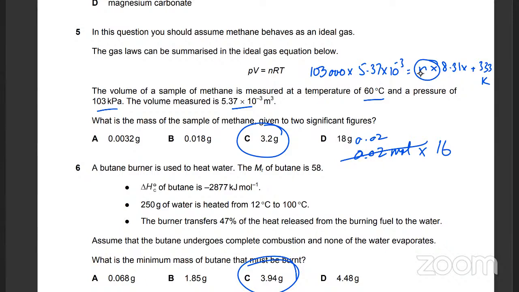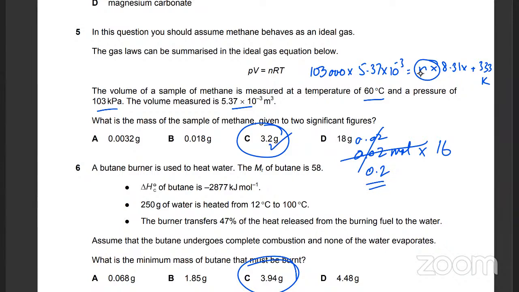When we get 0.0199 and multiply by 16, we get 0.319, so it's 0.32 basically, which is not an option. But aren't we getting 0.2 moles, not 0.02? No, it's 0.2. Just a second.